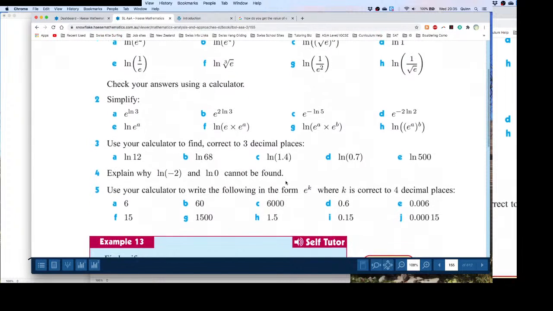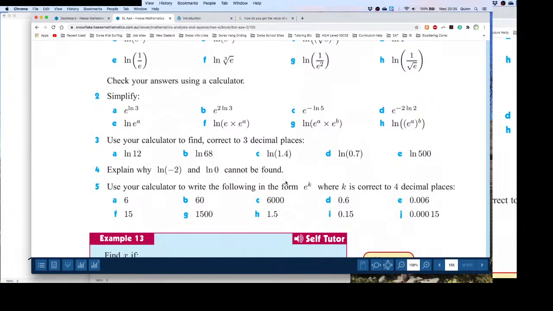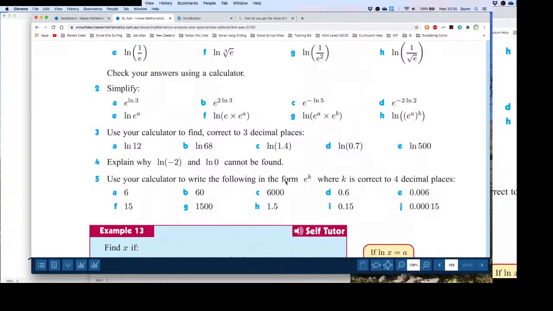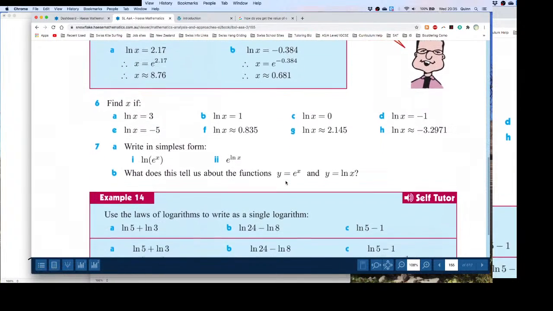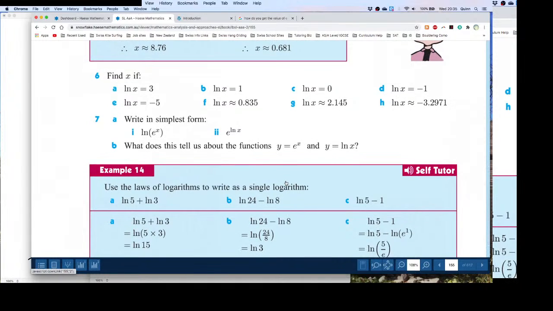Is there anything else from this section? Otherwise, Tanya, I will move on and I will show you some more stuff with ln. For example, these questions 6 and 7. You should be able to do 6A, B, C, D, E, and then F is a little bit weird, but you can do them.